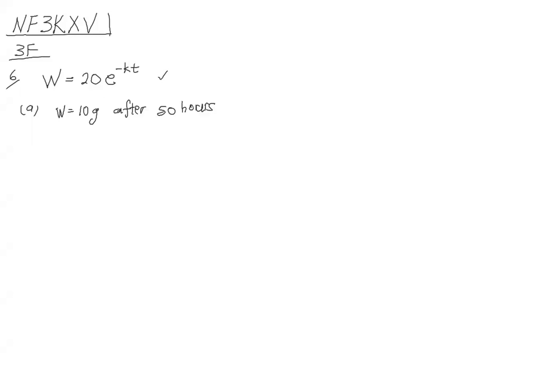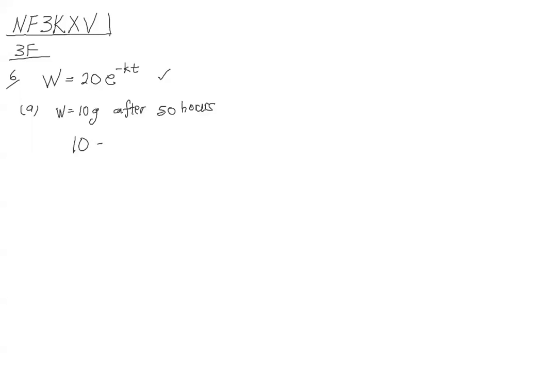Based on the formula, what should I put as W and what should I put as T? W should be 50, right? Is that true? Can you please look at it carefully? No, 10 grams, sorry. Okay, W is 10.